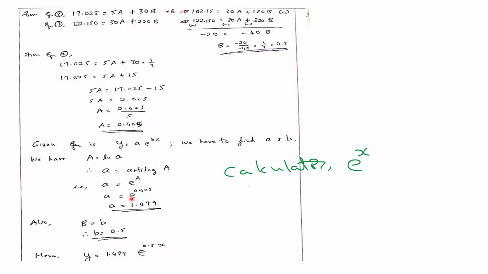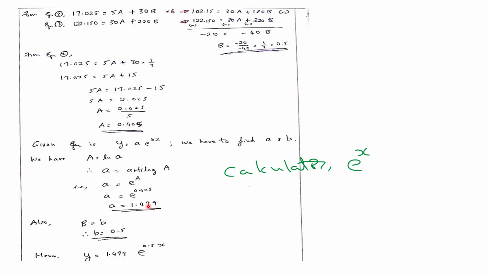So a is equal to e to the power 0.405. Now use the calculator. In a scientific calculator, you find e to the power x, right? So press that e to the power x. Then what is x now? x is 0.405. Type that. Press equal to. You will get 1.499. That is the value of small a.